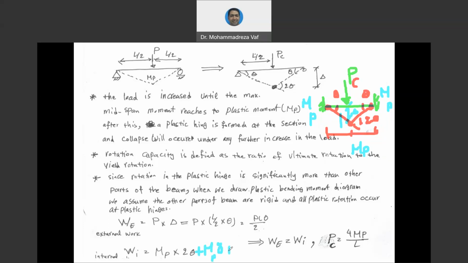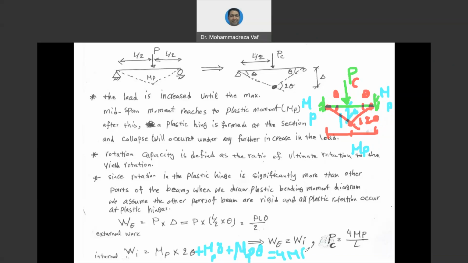So MP theta, another MP theta is also added here. Because in this case, we have to have again 3 hinges to make the beam collapse. And as I said, since there is no hinge in the support, we need to wait until the bending moment reaches MP. So our internal work is going to be 4 MP theta.